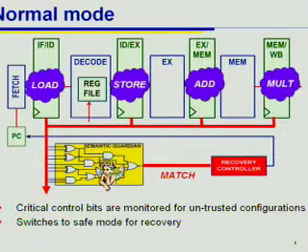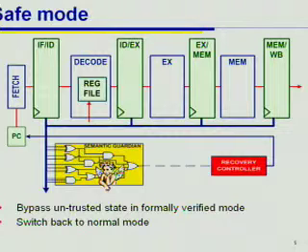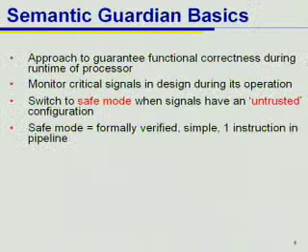The Semantic Guardian will see this, and it'll trigger our processor to go into a safe mode. Once we're in safe mode, we're going to run these instructions in a way that puts one instruction at a time through the pipeline, and we know that they'll be correct. We know our answer will be correct in the end. So it'll send the instructions through just like this add.